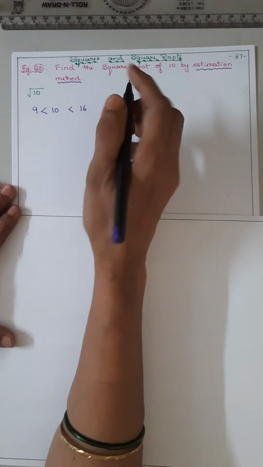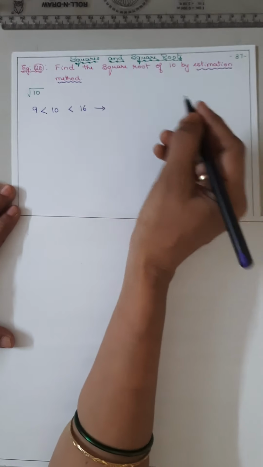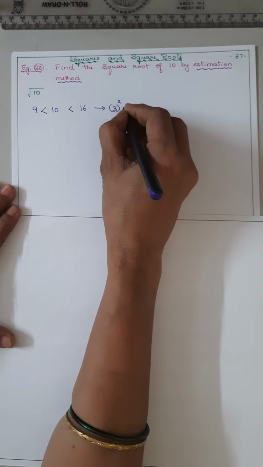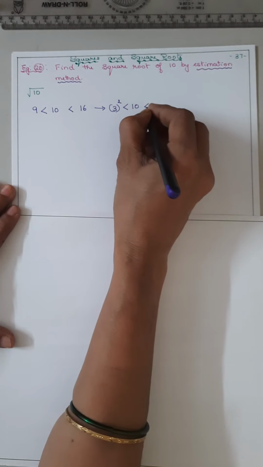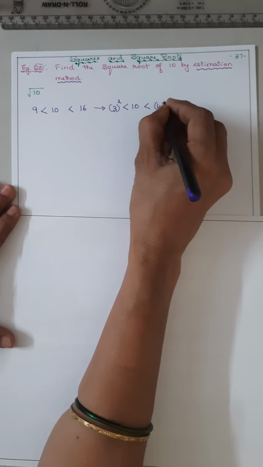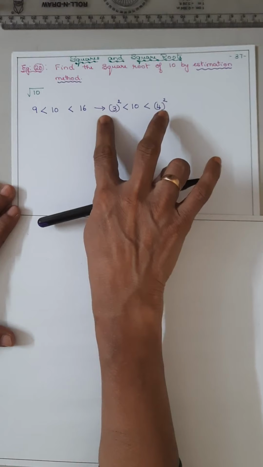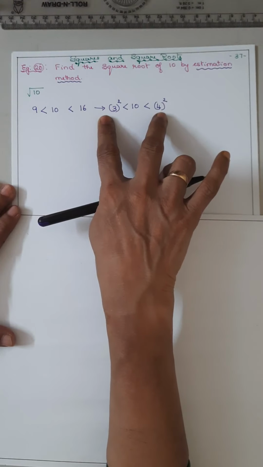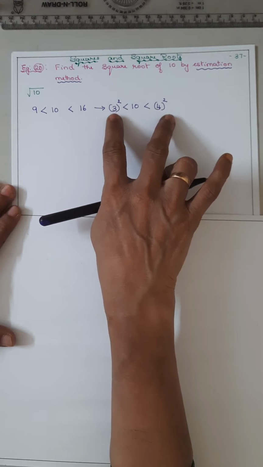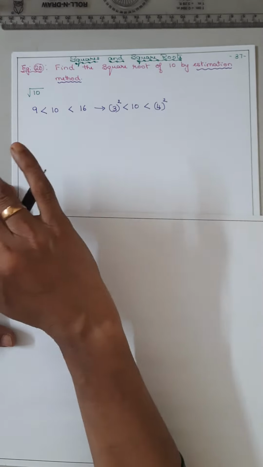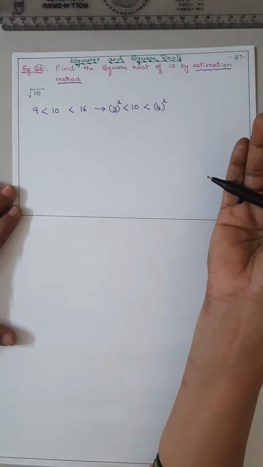Now 9, whose square is it? It is 3 square. And 16 is 4 square. Okay, it comes between 3 square and 4 square. So you don't know, might be between 3 and 4, means in the decimals.